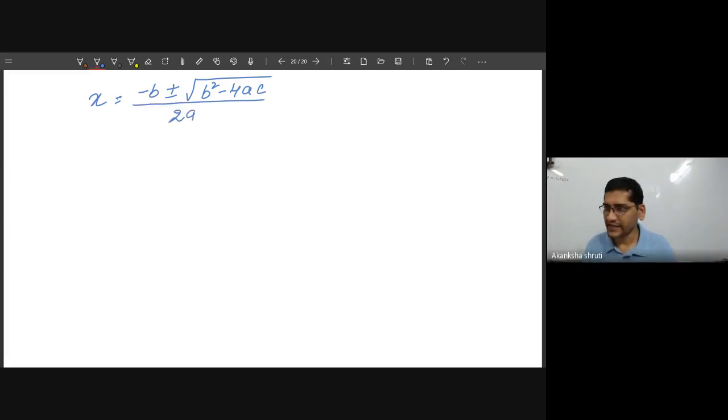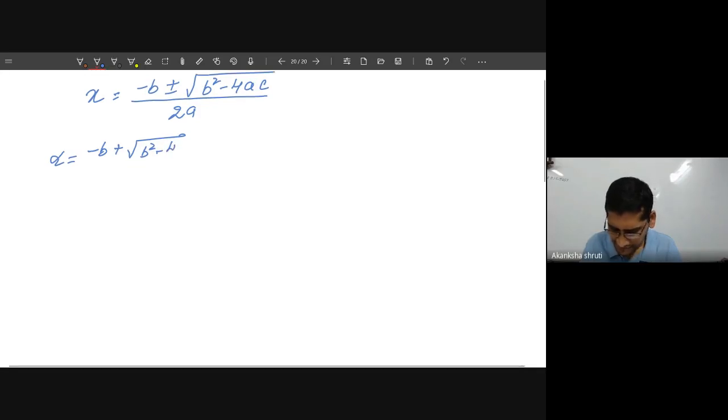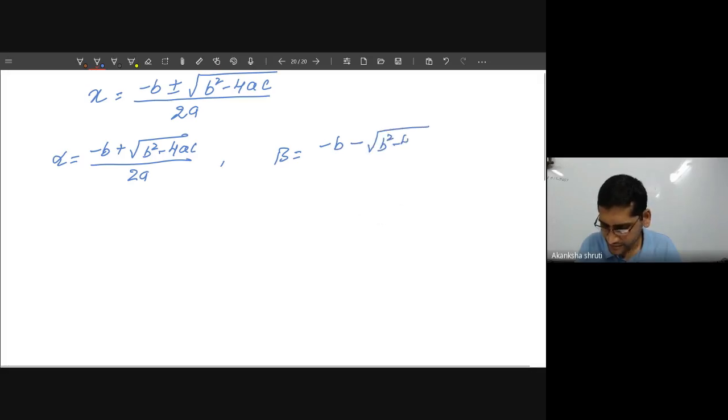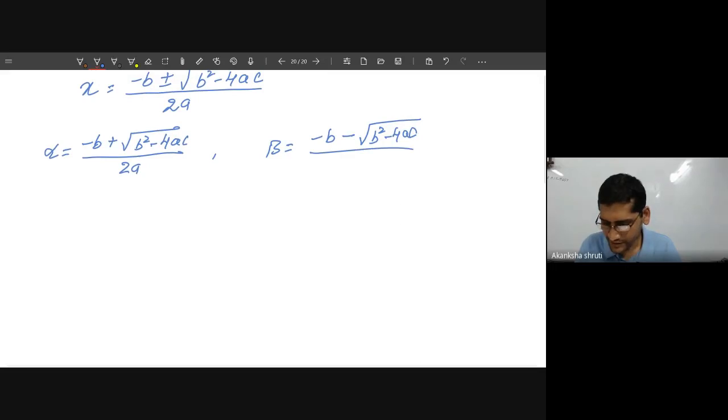Write it again and again so that you remember it. This is giving the two values. One is called alpha, another is called beta. So alpha is minus b plus under root of b square minus 4ac by 2a, and beta, the other value, by taking the negative sign, is minus b minus under root of b square minus 4ac by 2a.